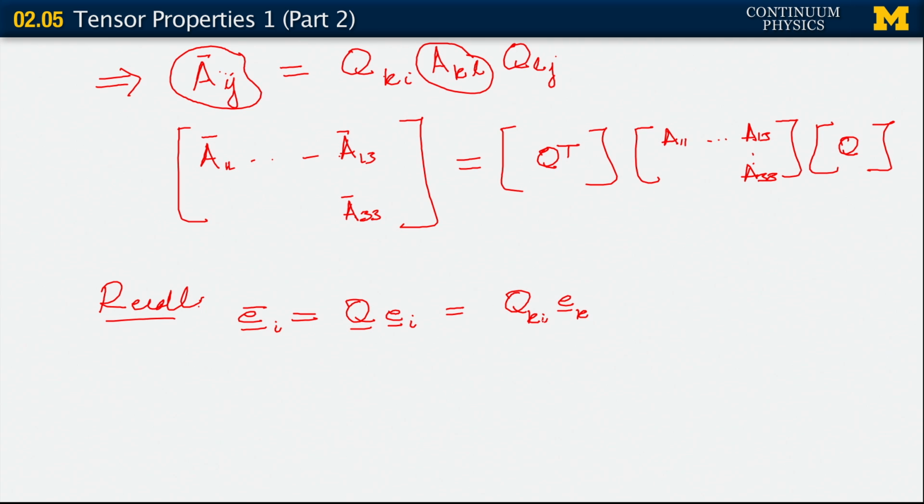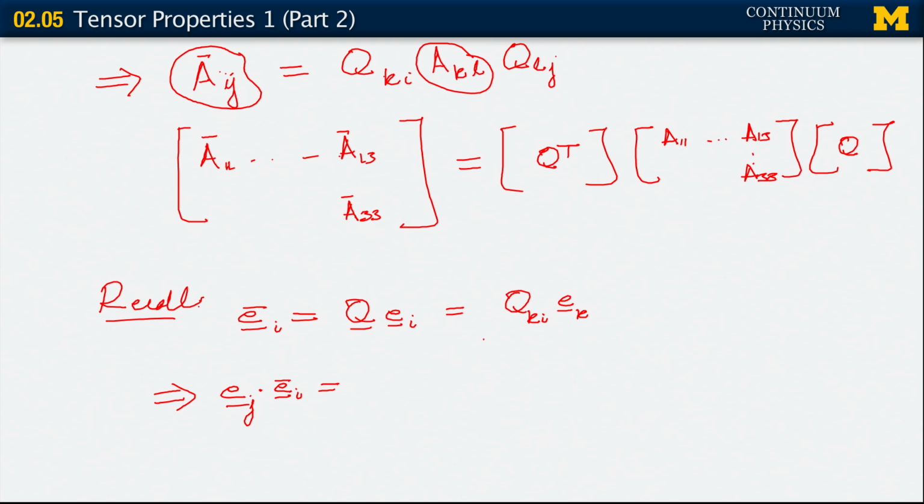Finally, if we take this expression and dot it throughout by one of the unit vectors belonging to the original basis, let's suppose we do this: Ej dotted with E bar i.